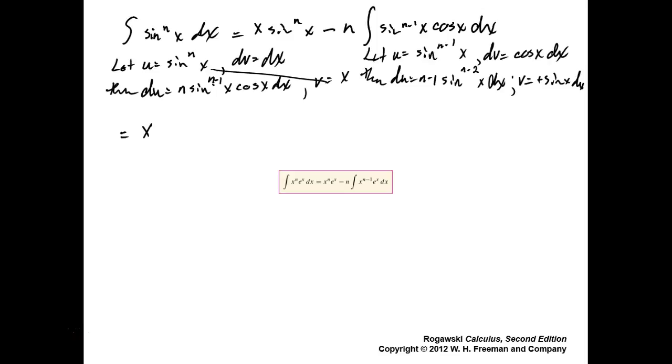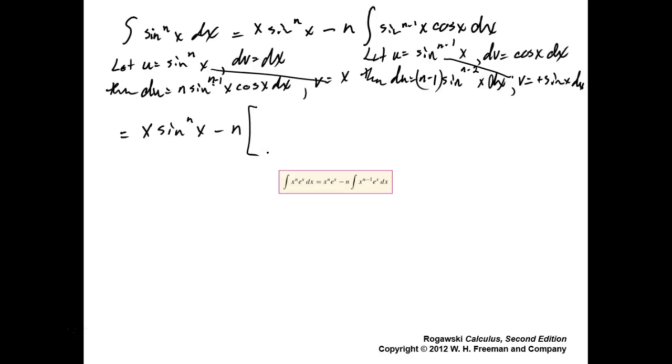It should have put parentheses here, just to make that a little clearer. So what do we have from the beginning? x sine to the nth x minus n, and we got these two.